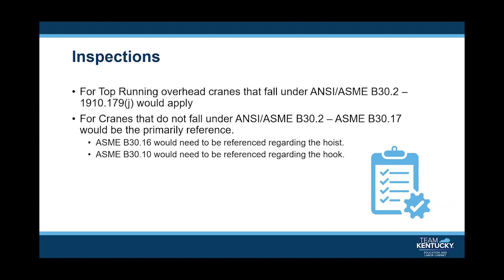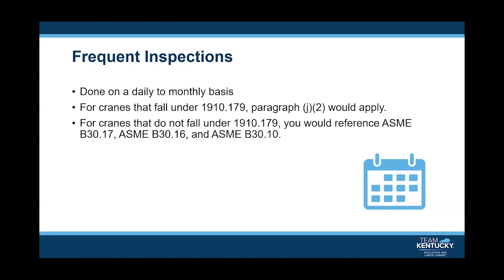Next, we will be discussing the types of crane inspections, starting with frequent inspections. Frequent inspections are done on a daily to monthly basis. For cranes that fall under 1910.179, paragraph (j)(2) would apply.